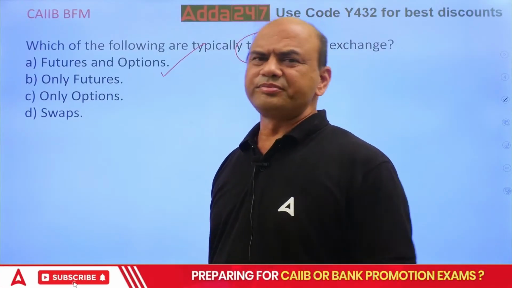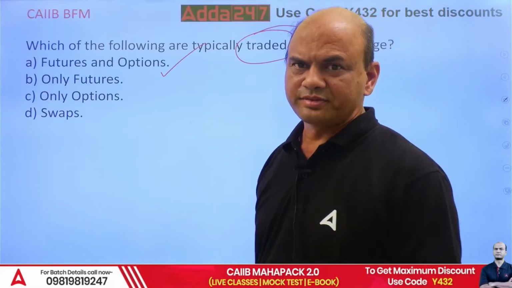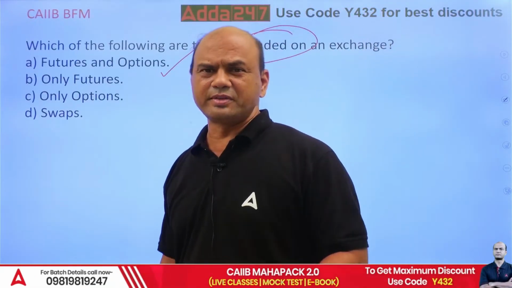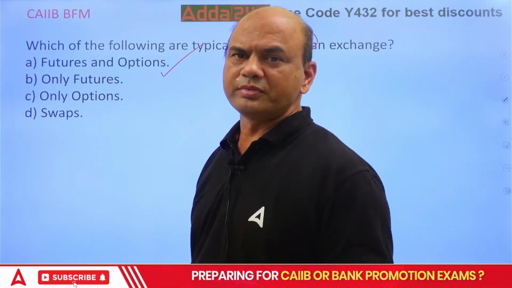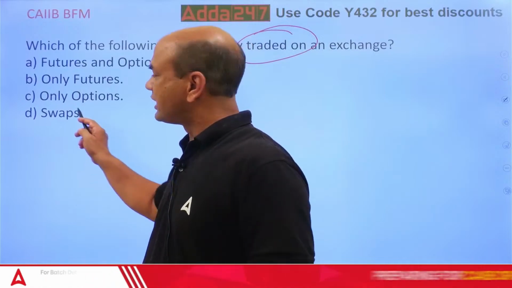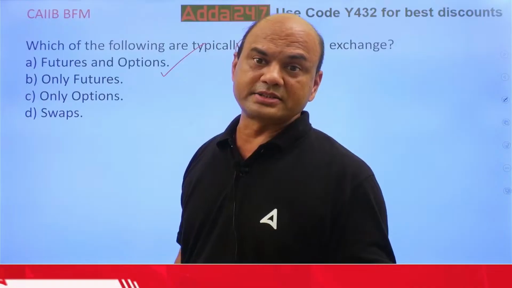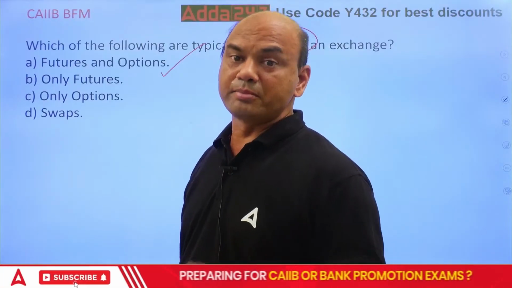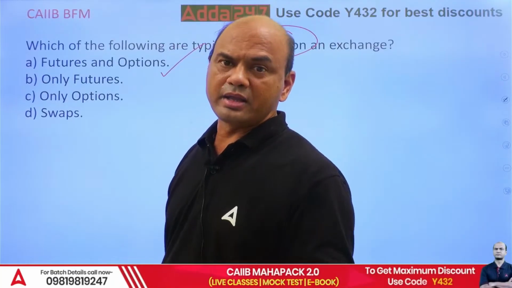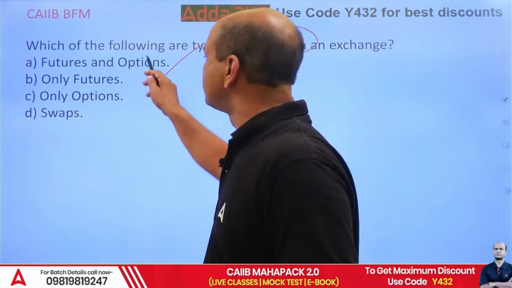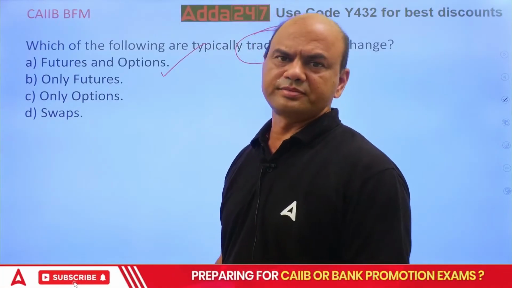Now I'll tell you, under this NDS, the new system developed for trading of derivatives, they have started trading the swaps also in two parts. Principal is traded separately, interest is traded separately, but that is a very small amount. Main trading on derivatives is done through futures and options. They are heavily traded in the market.